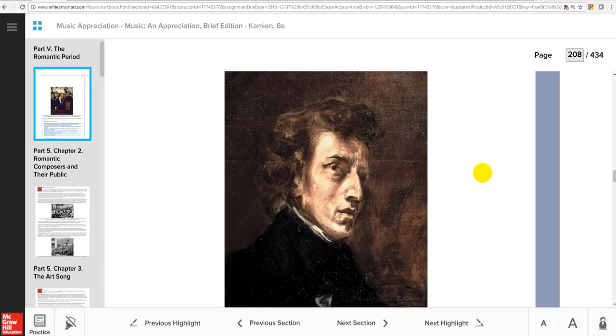And one of the things we're going to learn about Chopin is that despite being an extremely gifted pianist, he was never quite comfortable playing for large crowds. From what I've read about him, he was a lot more comfortable teaching or playing to a small group of people than in a large concert hall.